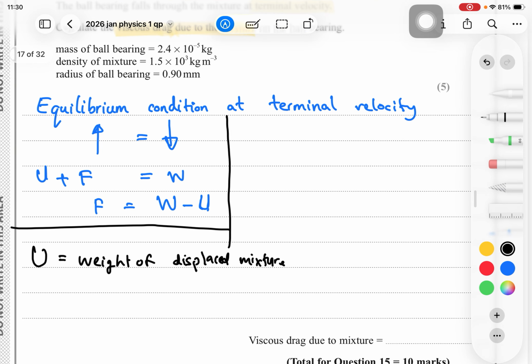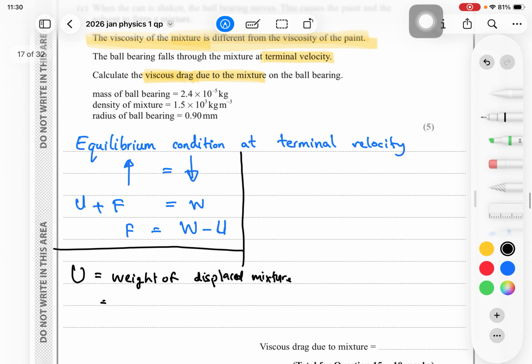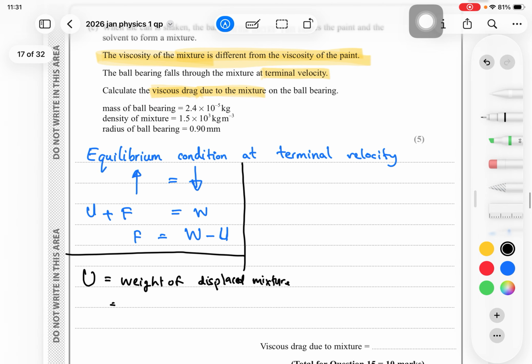Okay, so to get the weight, we need to get the volume of the ball bearing. So once we have the volume of the ball bearing, we can go for that. To get the displaced amount, let's go with the volume.